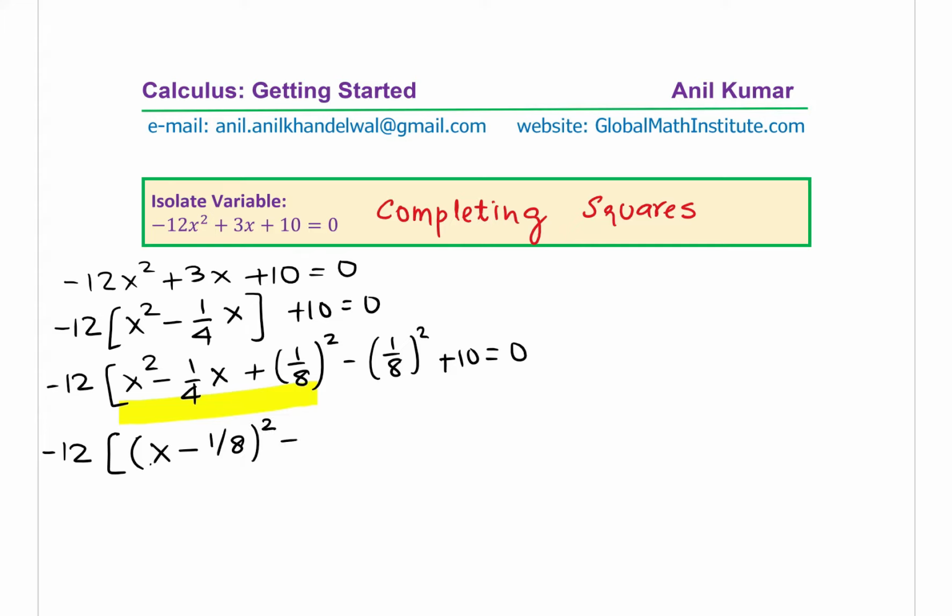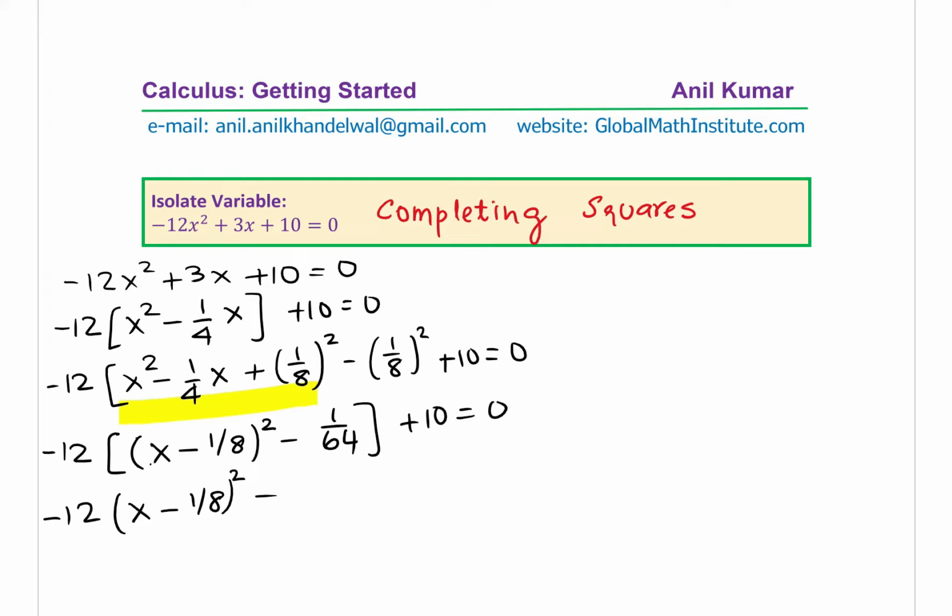Now we can open this. 1 over 8 whole square is 1 over 64. 8 squared is 64, right? Bracket close, plus 10 equals 0. So let's open this bracket by multiplying by minus 12. So we get minus 12 times x minus 1 over 8 whole square. And now when you multiply 12 by 64, then you could simplify this, dividing both by, let's say, 4.